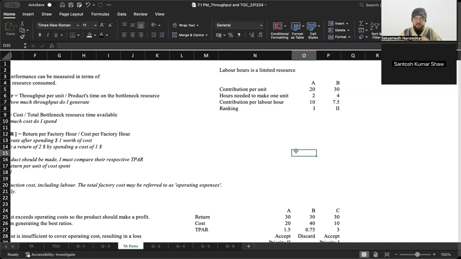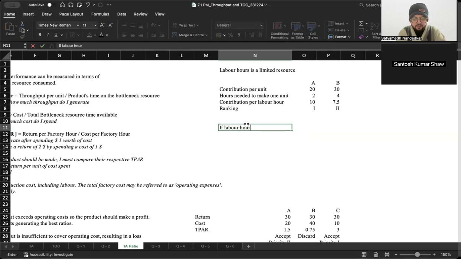So if labor was a limited resource and I had to maximize my returns, I would pick that product in whose case the per hour contribution is the highest. Okay, so this is contribution per limiting factor. Let me write it down.